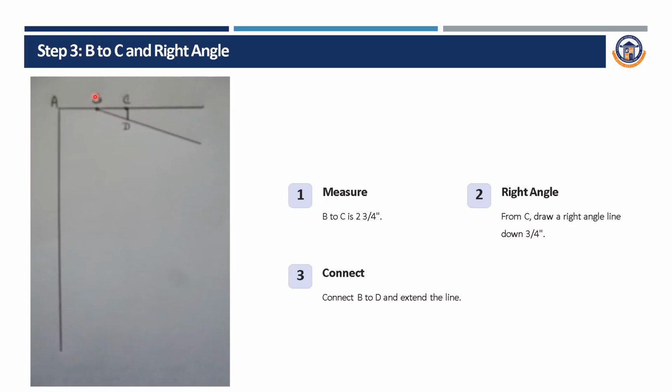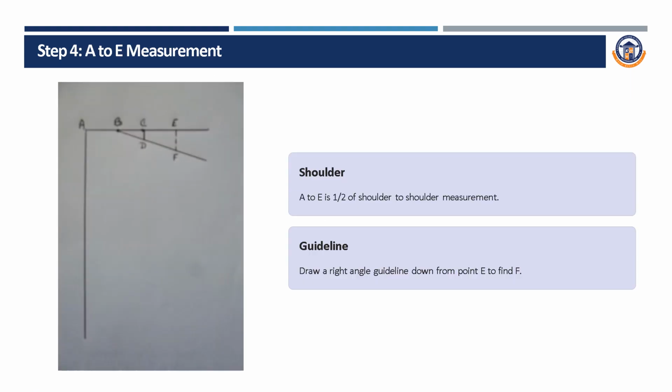Then connect B to D. From point B to D, connect this line and extend it a little downward to make it longer. That's one. Then go to step 4.